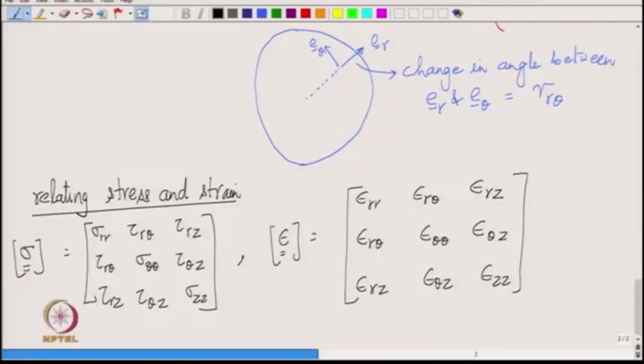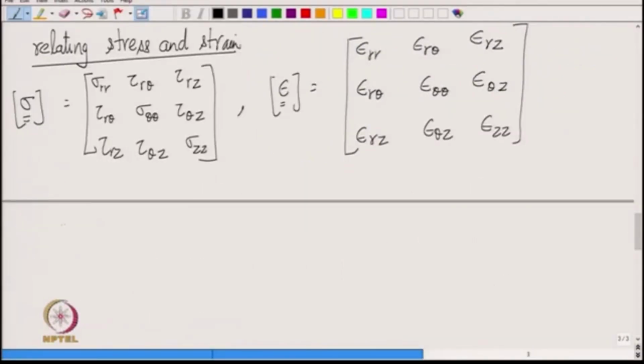For example, we know that epsilon 1 1 is 1 over E times sigma 1 1 minus nu times sigma 2 2 plus sigma 3 3.